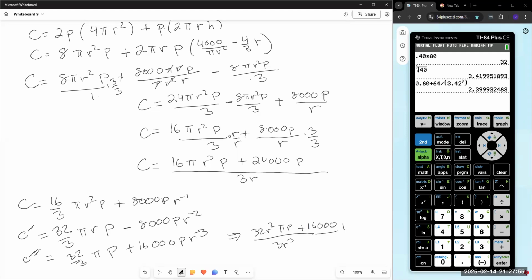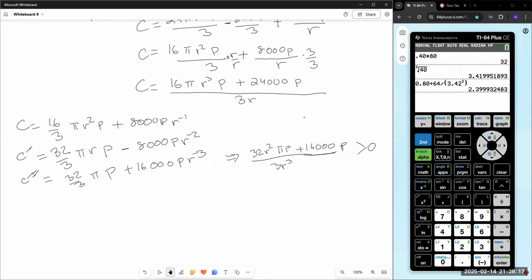P is always a positive number. It's the price. So we have always a positive number plus always a positive number over always a positive number, which is always greater than 0 for my second derivative, which means that this critical number from C prime is going to have to give me a minimum cost.